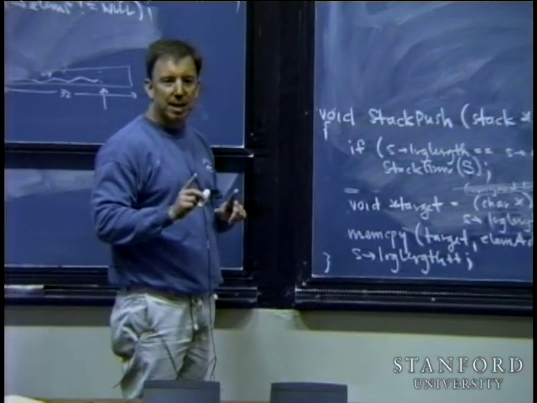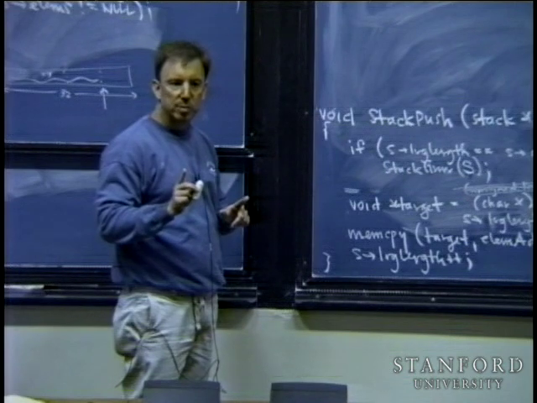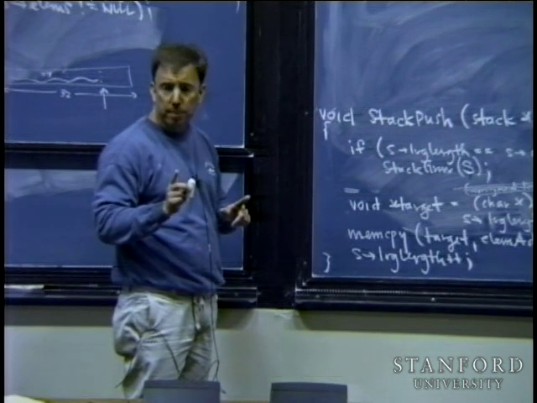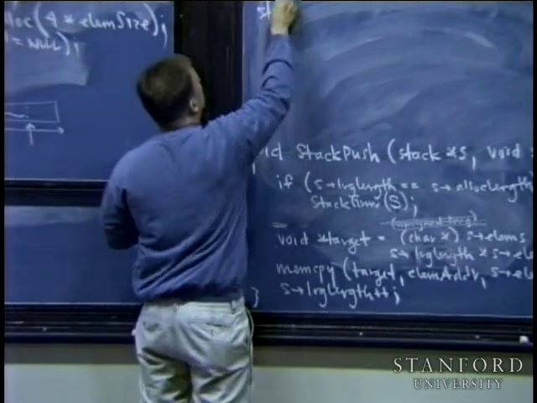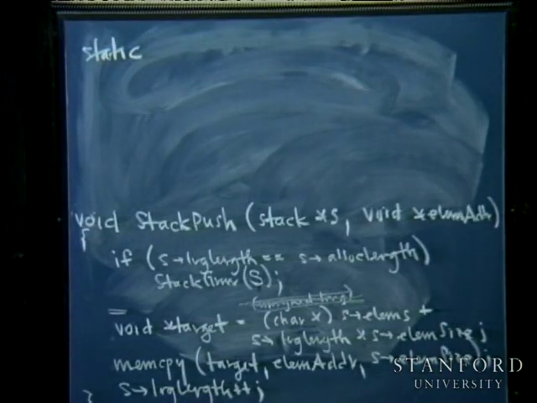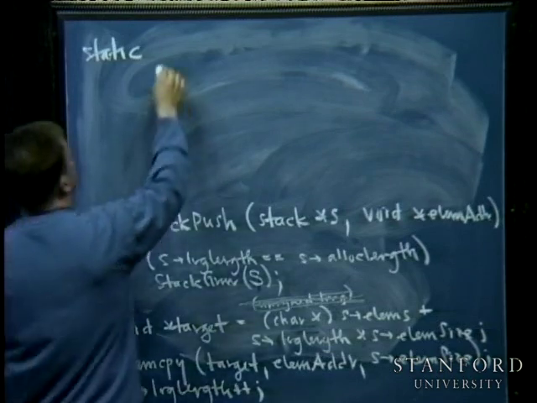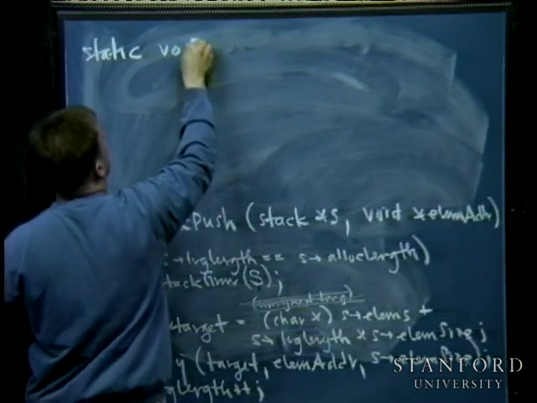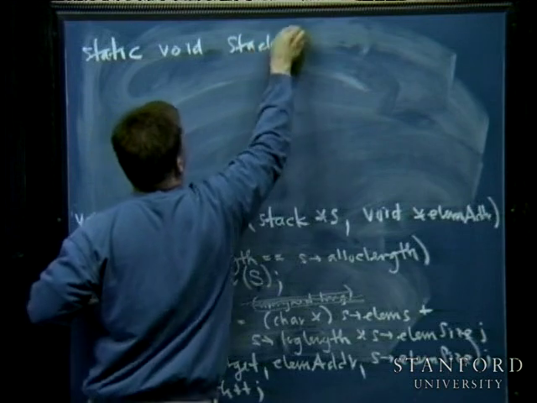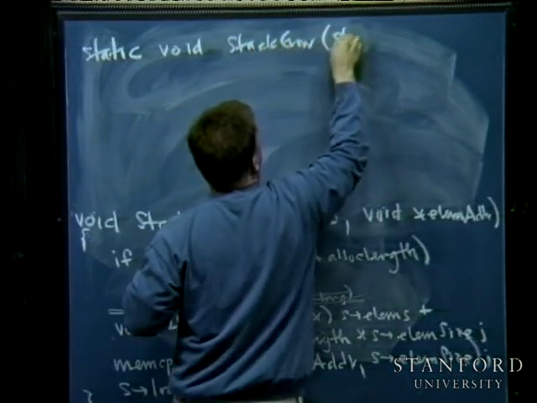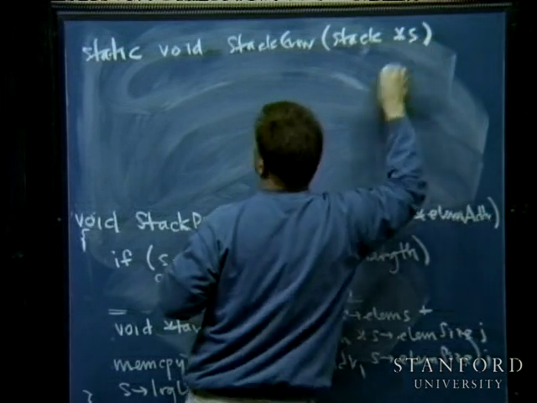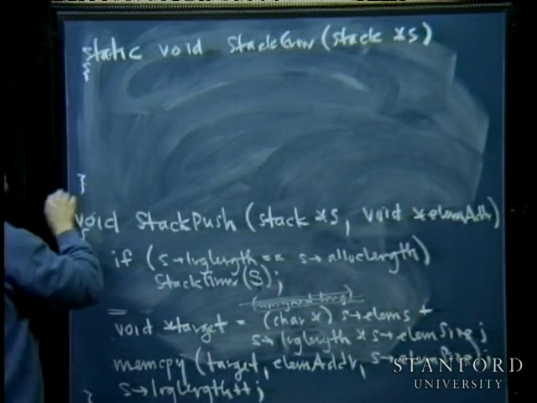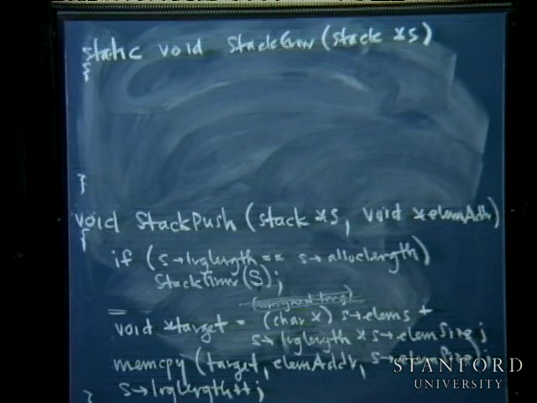You're kind of already getting the idea that the word static has like 85 meanings in C and C++. Okay, well here's one more. When you see the word static decorating the prototype of a C or C++ function, not a method in a class, just a regular function, such as static void StackGrow, and it takes a stack *s, what that means is that it is considered to be a private function that should not be advertised outside this file.